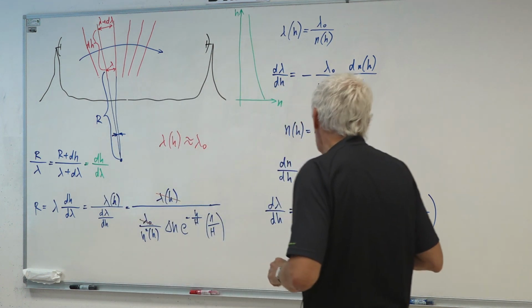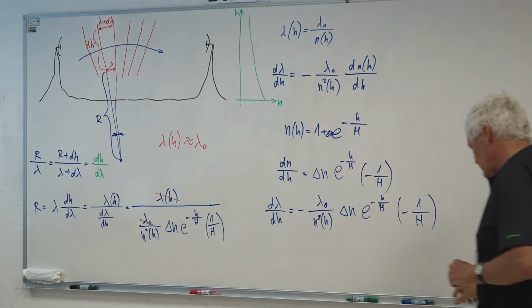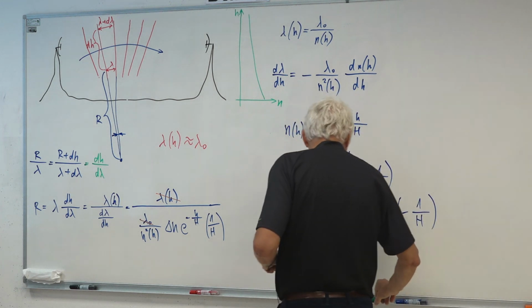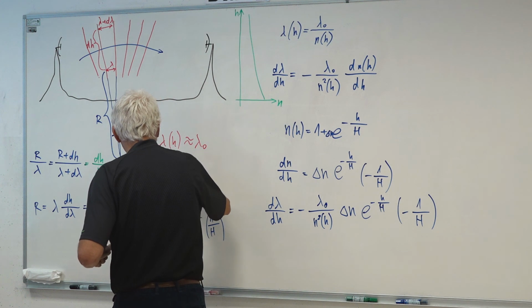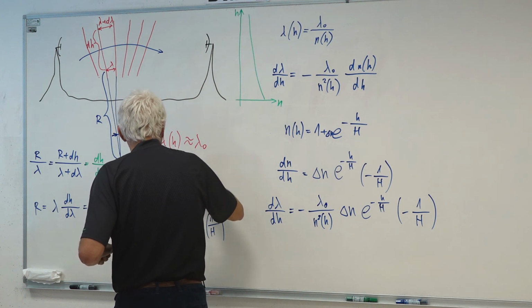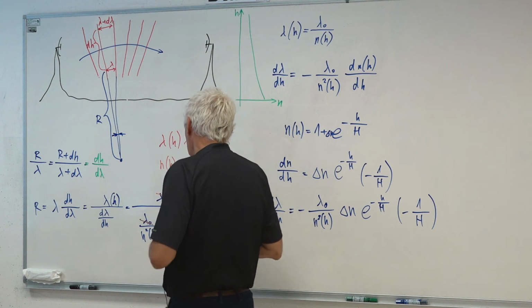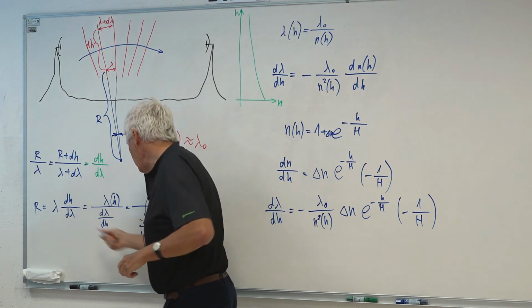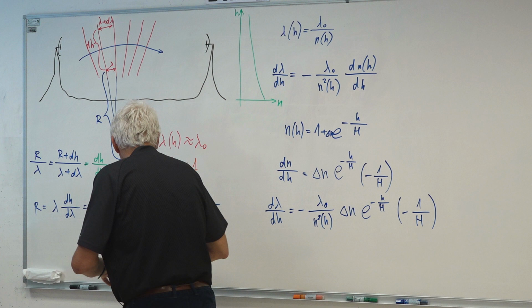Further, the refraction index is also very close to unity. So also for the refraction index, n of h, this is very close to unity. Now, because the final result will not change much if I put unity here, I can simply cancel out this one here.